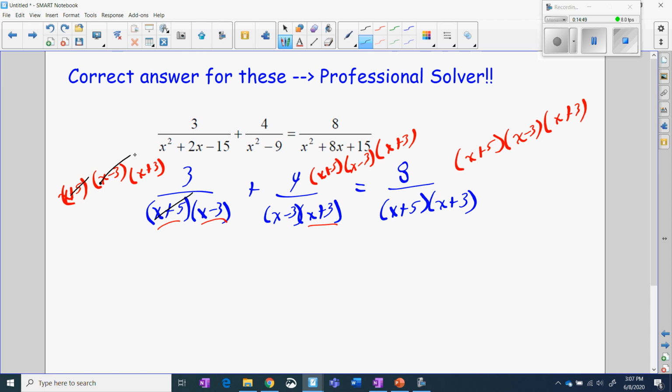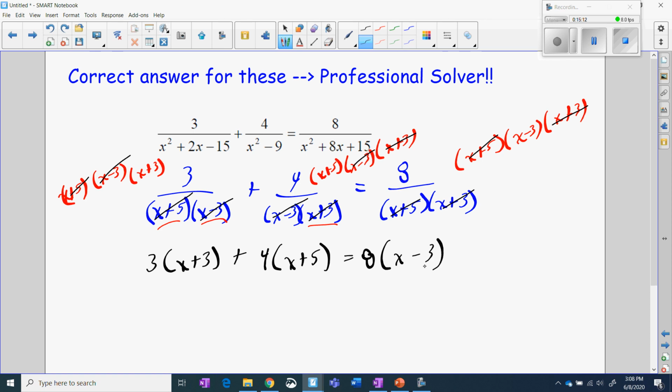This and this, this and this, leaving you with just the 3 onto this. That wipes out that. That one wipes out that one, leaving you with 4 multiplied by x plus 5. That one wipes out that one. That one gets rid of that one, just leaving us with 8 multiplied by x minus 3.